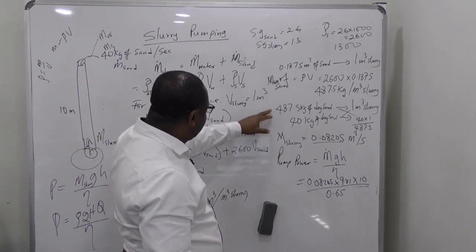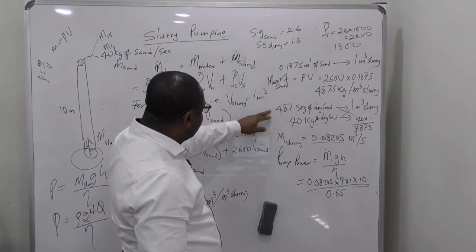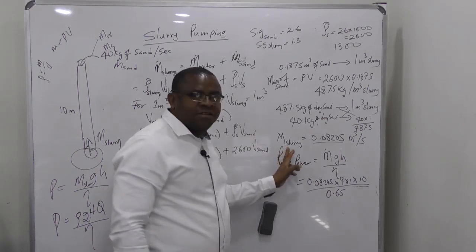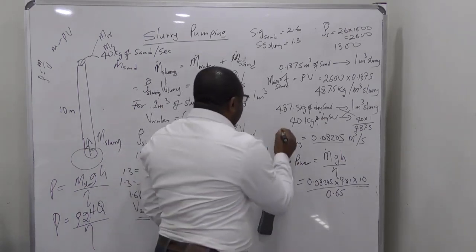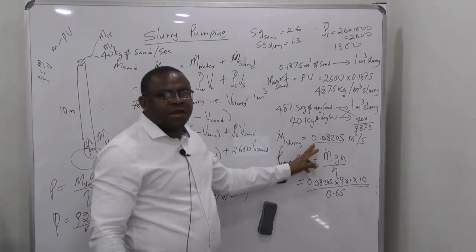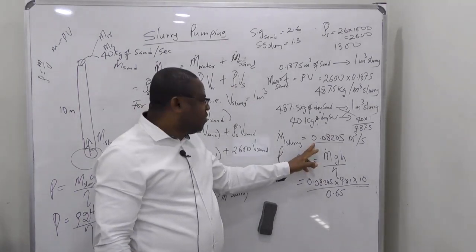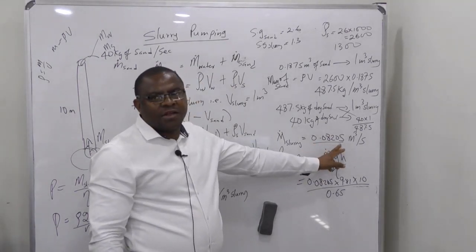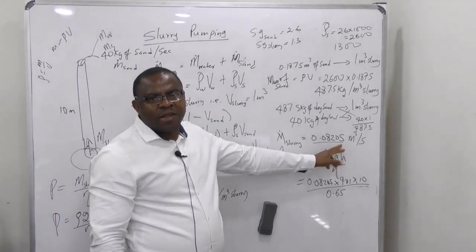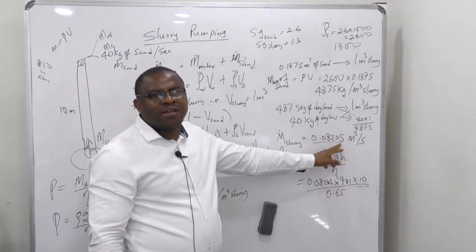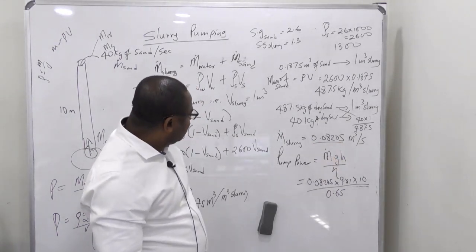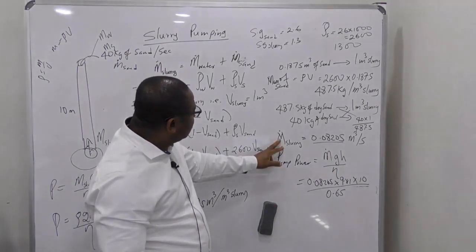Okay, so sorry, this is a mass flow rate. So we have 0.08205 as the volume of the slurry that is delivered. So I'm sure there must be a mistake here.